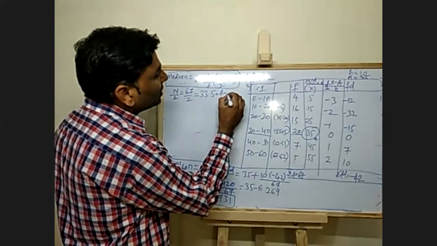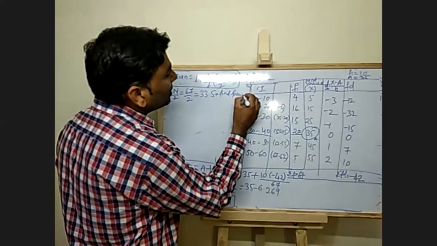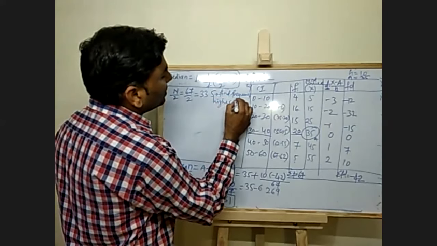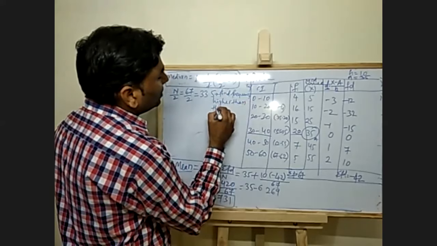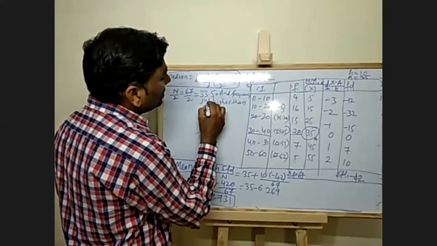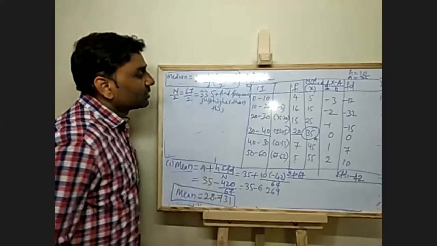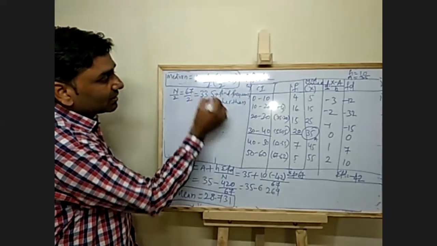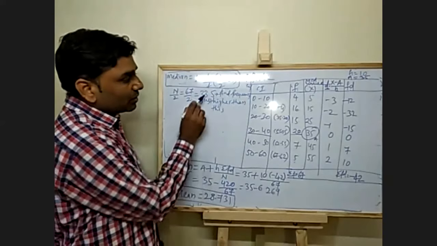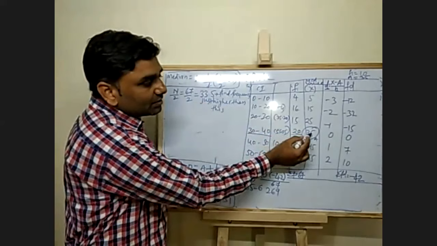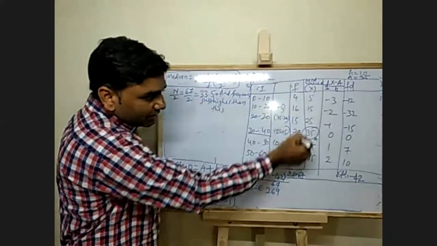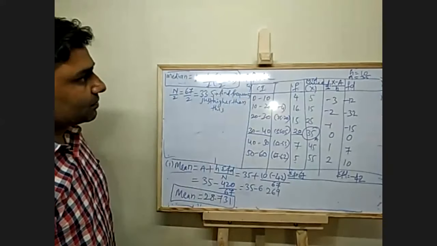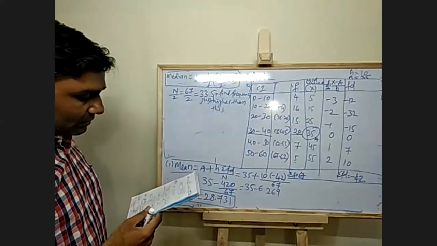Find frequency just higher than this 33.5. What is the next highest frequency here? This is your frequency, right?